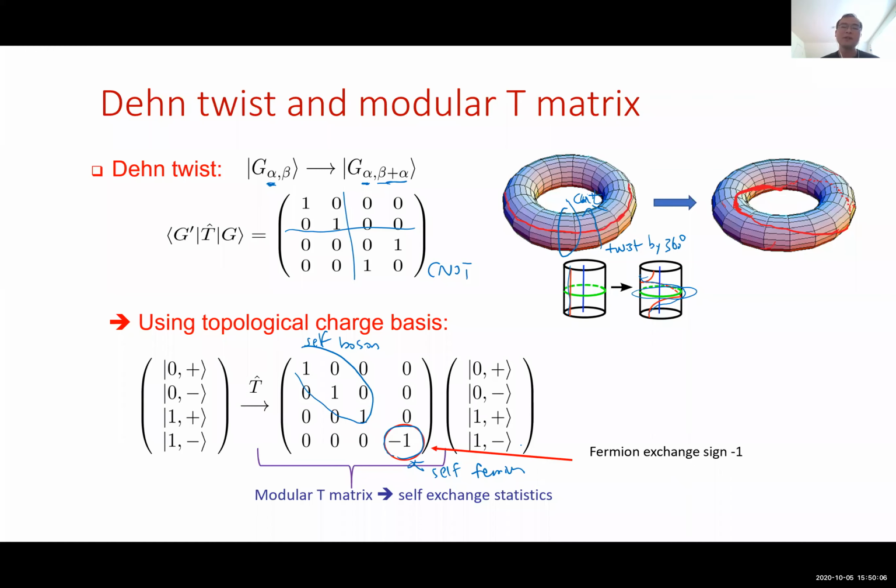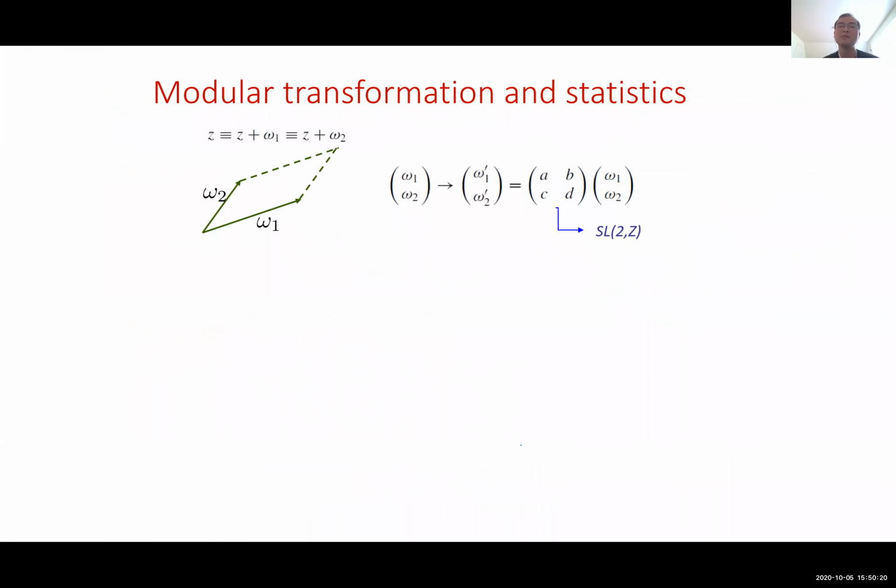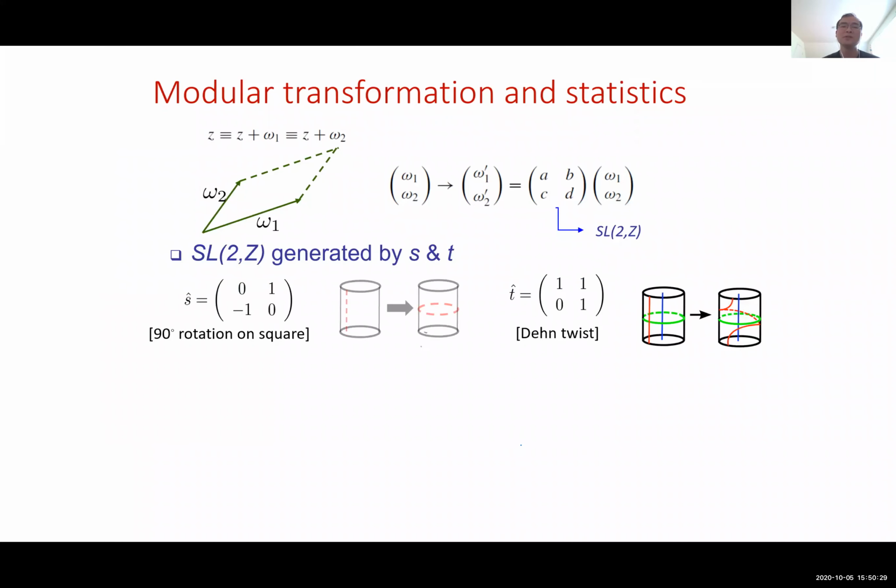So I think I illustrate this with an example, but there's a deep theory behind this. But I think the toric code is the simplest case where we can use an explicit example to write all these. So there is mathematics called modular transformation. It basically is just changing your coordinates. It can be rotation and the so-called SL2Z group, special linear, 2 is 2 by 2, Z is if you only use integer coefficients.